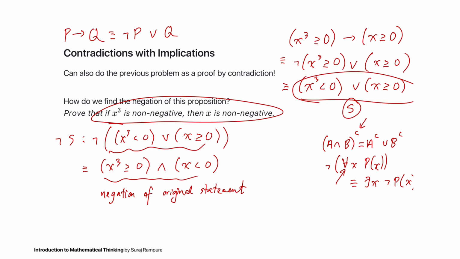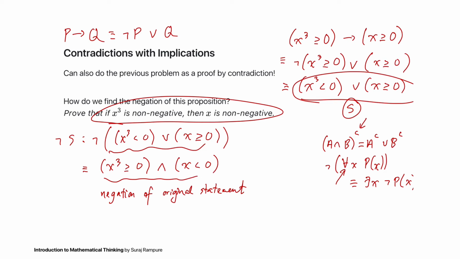Right? So what I have circled here, S, that's our original statement. That's what we're trying to prove. To do a proof by contradiction, we're going to assume not S is true, i.e., we're going to assume that this negation is true. Is that clear? Okay, so we're going to assume that x cubed is greater than or equal to 0, and x is less than 0 holds a true value.